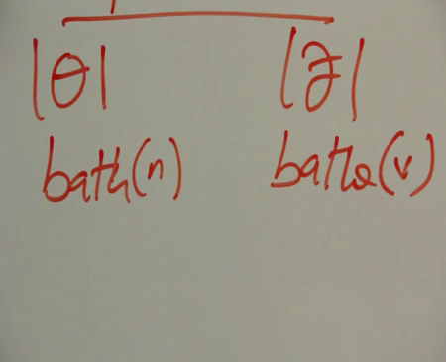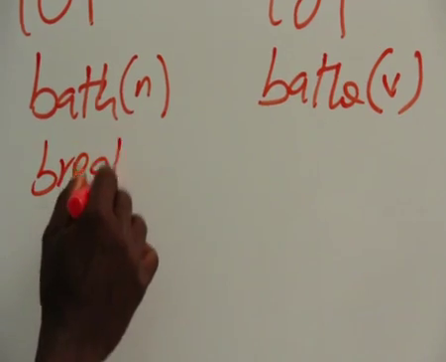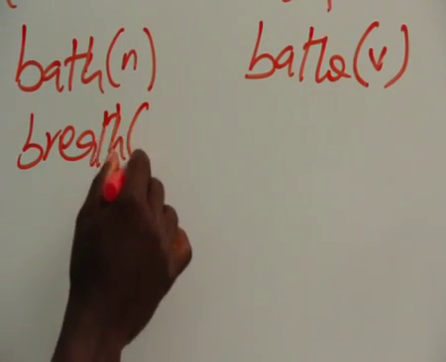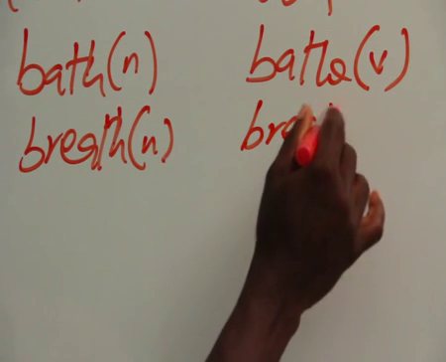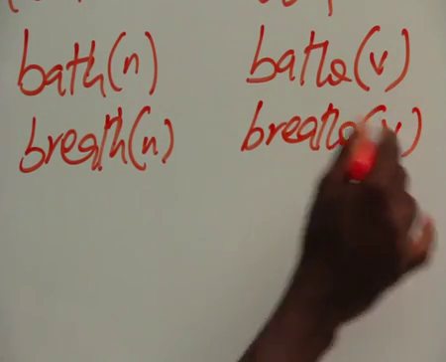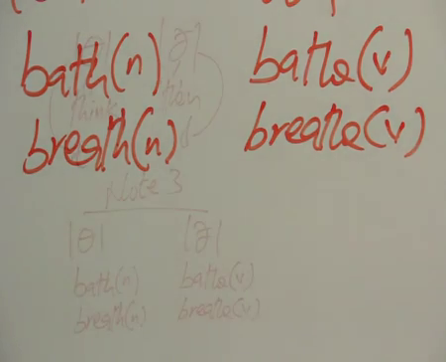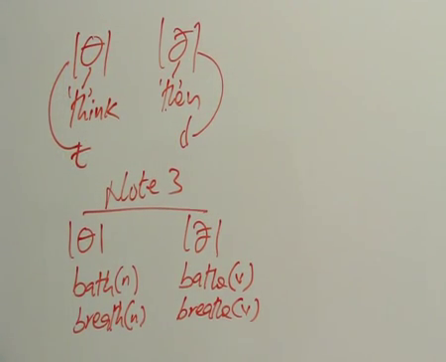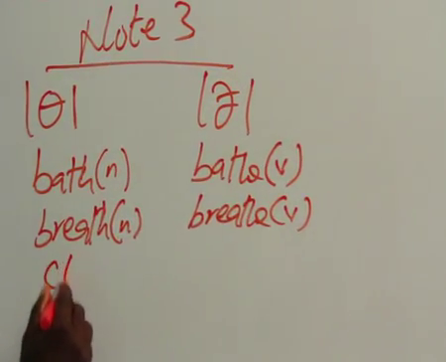Then we have more examples. We have "breath." This is a noun. Breath is a noun. When it becomes the verb, it will be voiced: "breathe." Okay, so we can have another example, and that is "cloth."